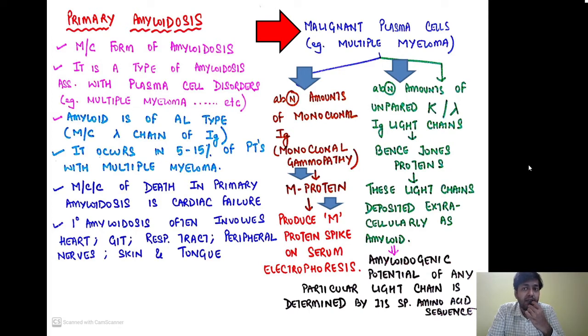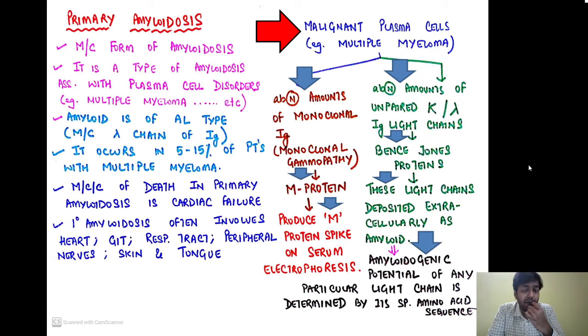But when I say free light chains, it means they are just producing the free kappa light chain or lambda light chain. Unpaired means that they are not paired with the heavy chain; they are in the free form. Such free light chains are called Bence-Jones proteins. These light chains are deposited extracellularly as amyloid.